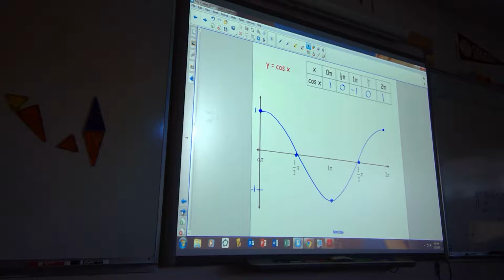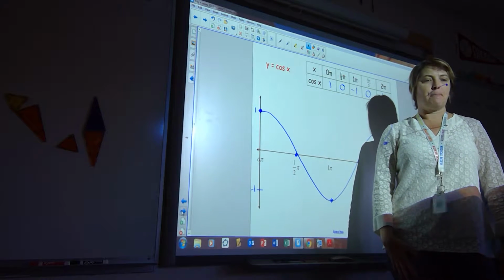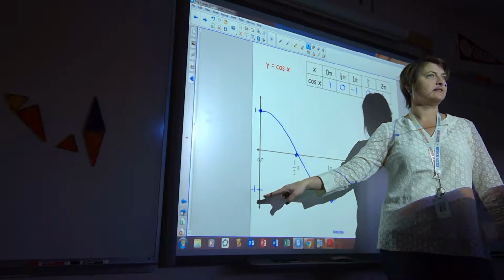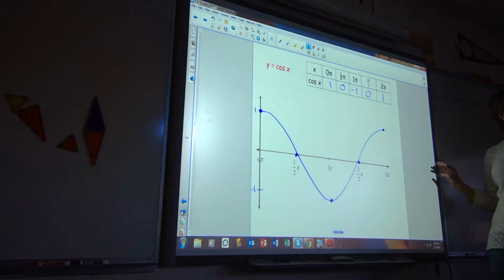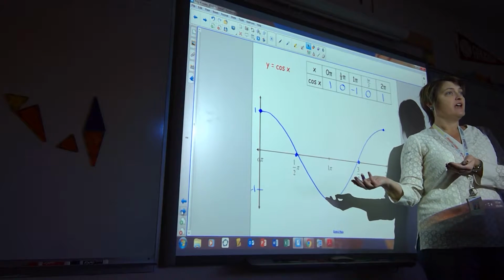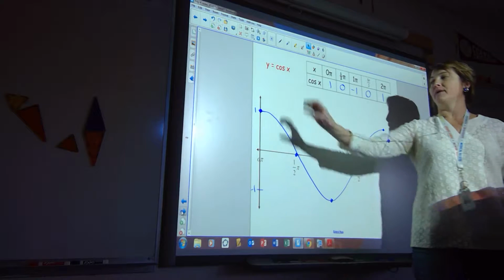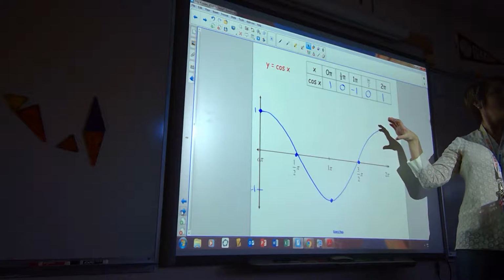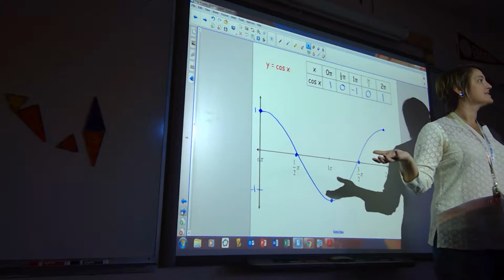If we were going to track that on an XY axis, and we were going to put maybe fullness of the moon on the y-axis and time on the x-axis, it could look like a cosine curve if what we were tracking was from full moon to the next full moon. And that would take about 28 days.